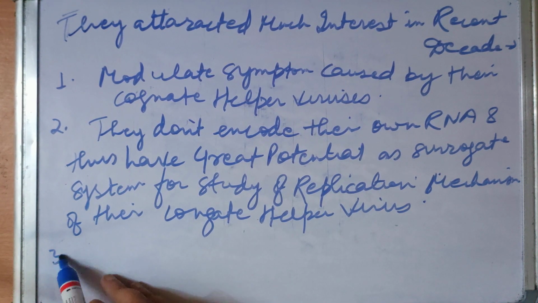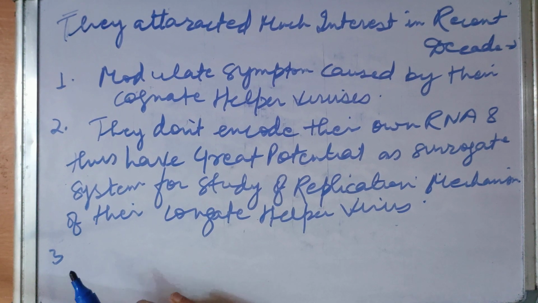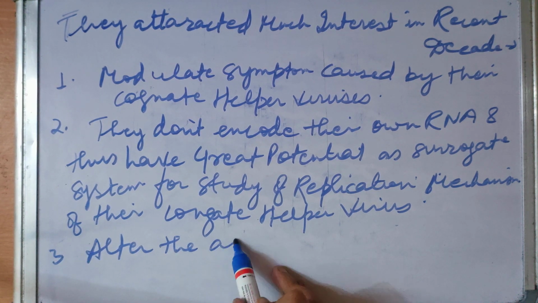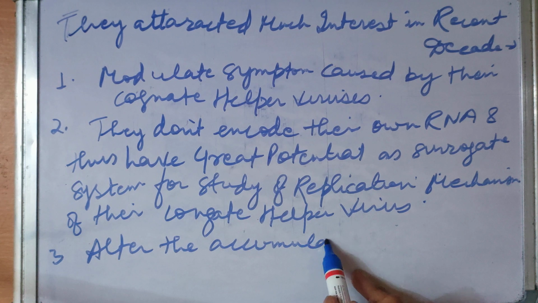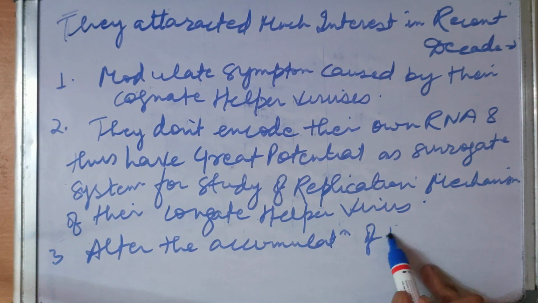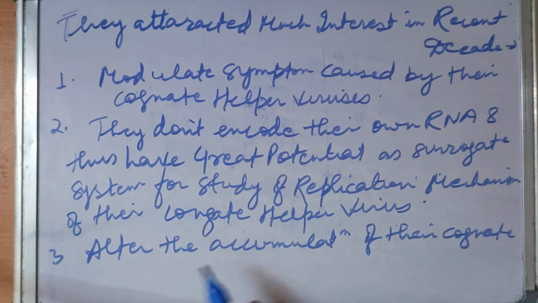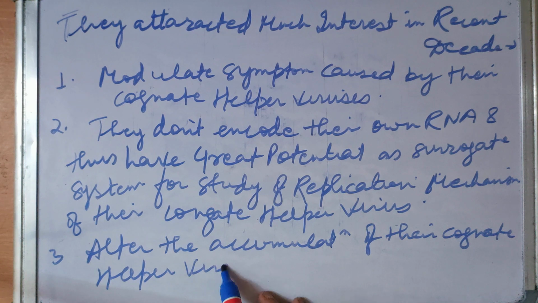Number 3, they can alter the accumulation of their cognate helper viral RNAs.